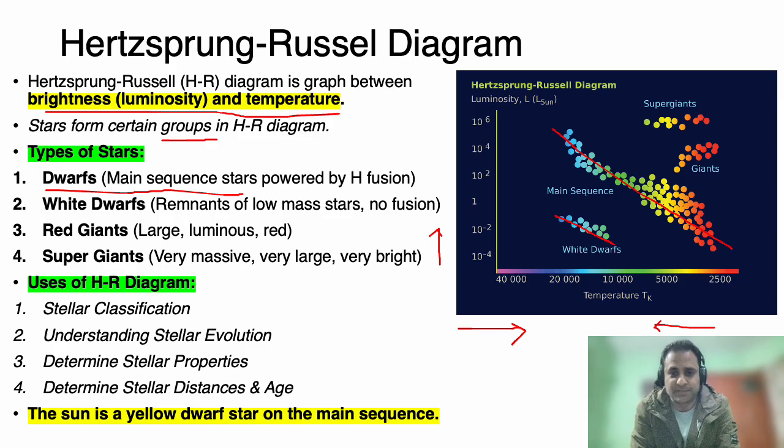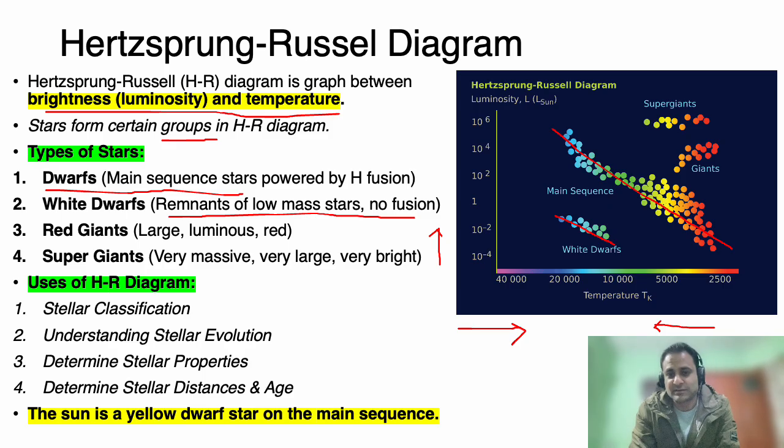They are the remnants of low mass stars, and in these stars no fusion is happening. Because no fusion is happening, not so much energy is produced, so they are very dim.